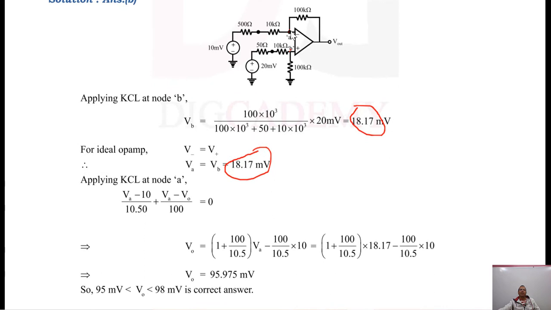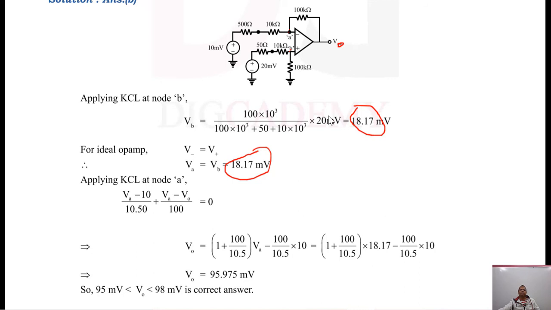Now apply KCL at this node. So VA minus 10 divided by this resistance, that is nothing but, you can find, 10.5 kilo ohms. I'm writing this in kilo ohms. Then VA minus V naught divided by this, so let it be V naught here. Fine.